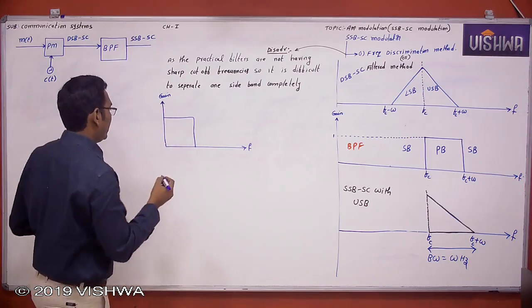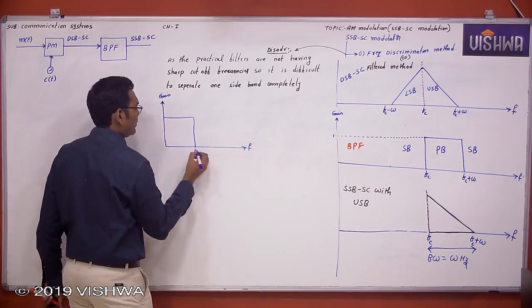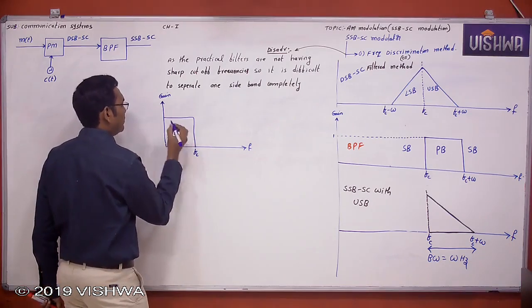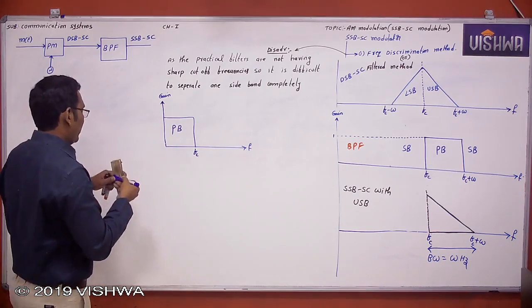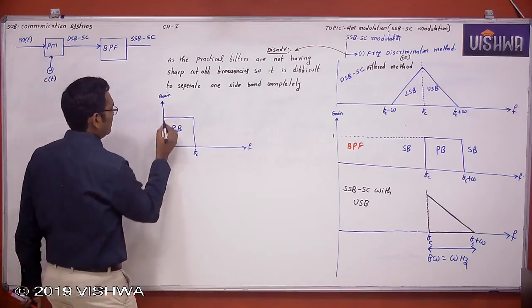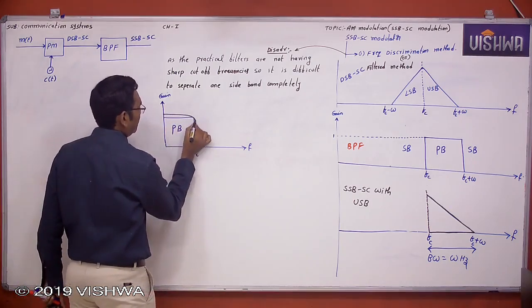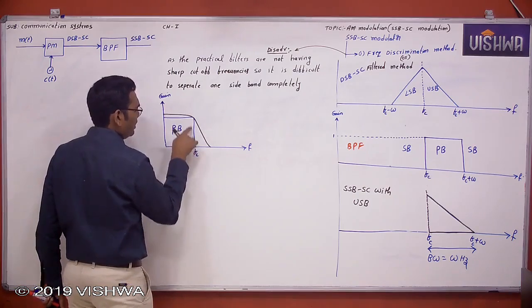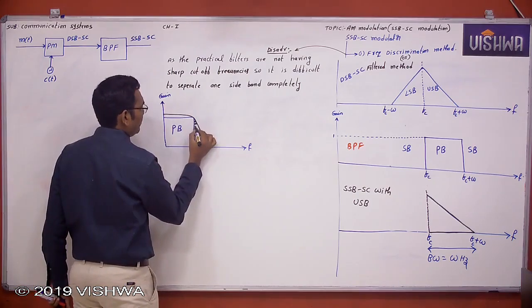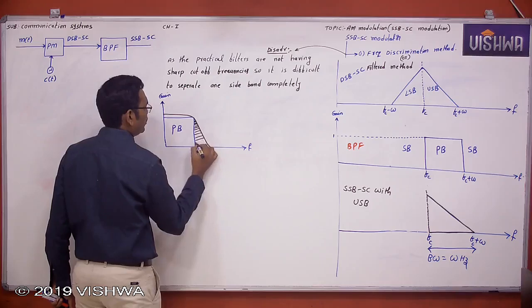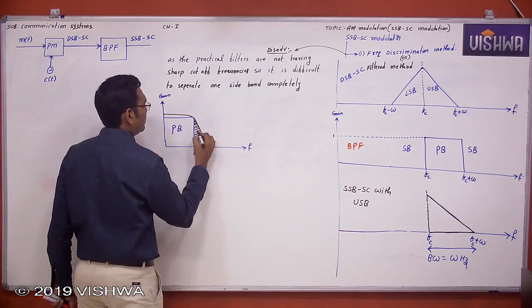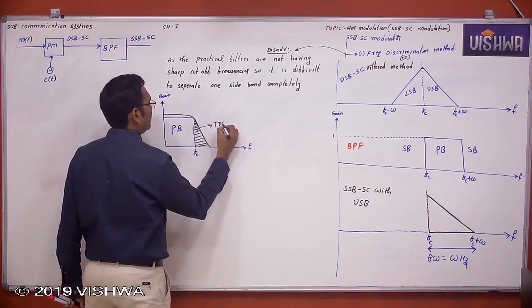But the practical characteristics are not like this. Practical filters will not have sharp cutoff frequencies; they will have some transition band. This is the transition band.